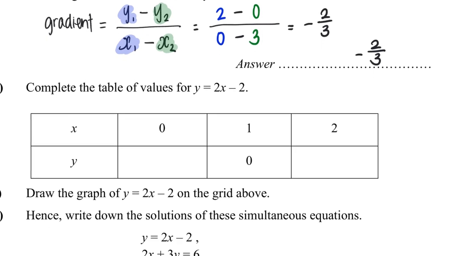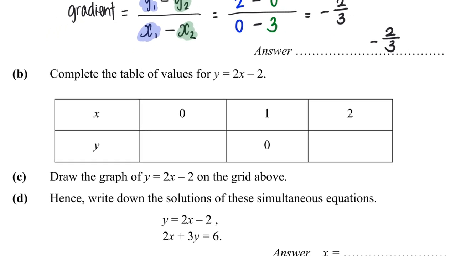Alright, now for part B. Complete the table of values for this. So for the first blank, the x is 0. So all I have to do is to substitute the 0 in and use my calculator, and I will get a value of negative 2.